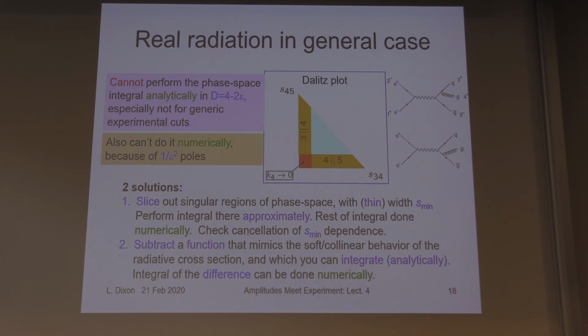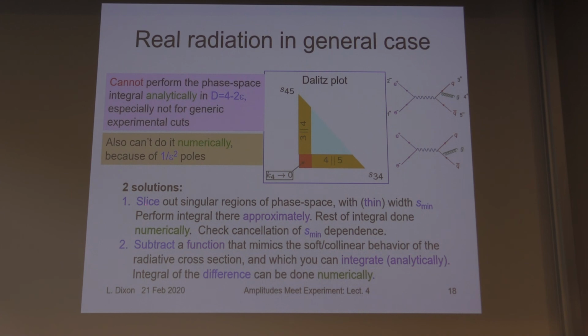And you can get analytic dependence of the cross-section on that. And then you have to do the rest of the integral numerically and check numerically that it cancels powers of logarithms in that regulation parameter, and then you're left over with a constant. Now sometimes this is computationally rather difficult if you have to see large logarithms and also the final output doesn't have them in it. So there's another general method.